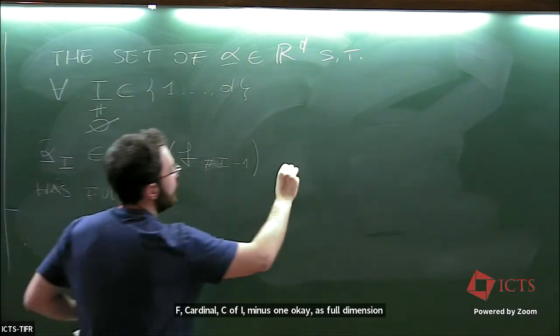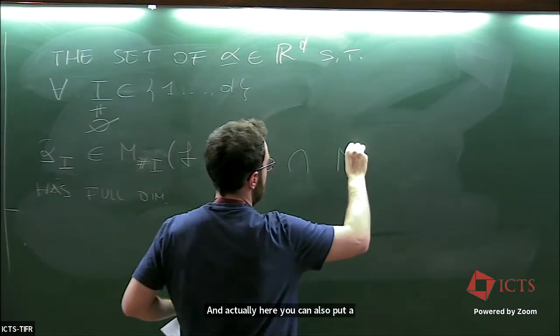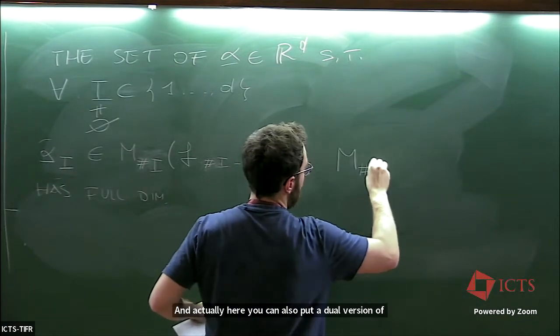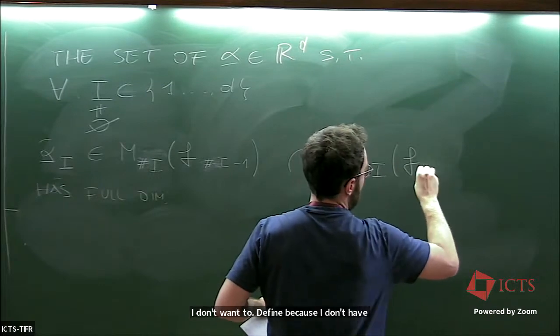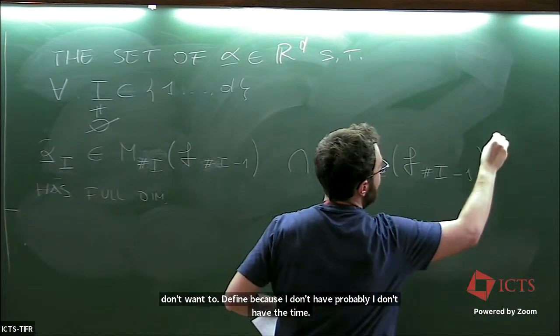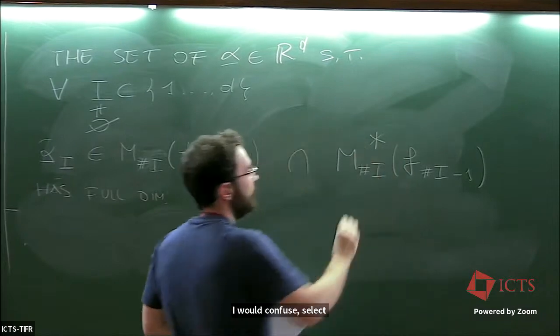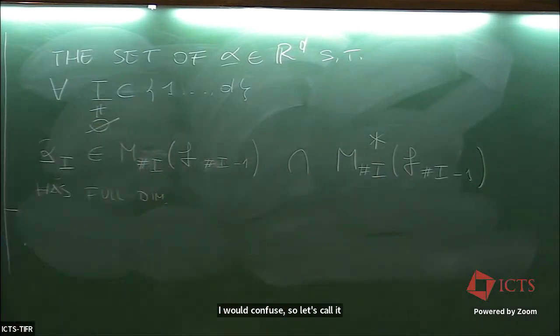And actually here you can also put a dual version of this, which I don't want to define because probably I don't have the time, it would confuse. So let's call it star. So each subvector satisfies something like this with the right exponent.